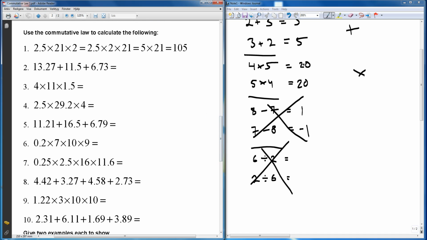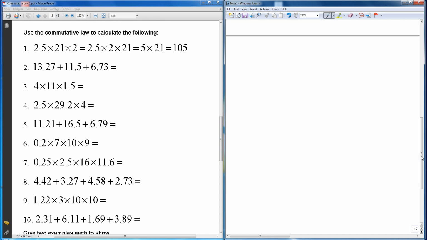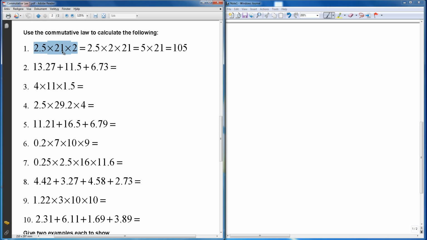Page 2. We're gonna use the commutative law to calculate this and make it a little easier by changing the order. Instead of taking 2.5 times 21 and then times 2, we're going to change the order on these two.